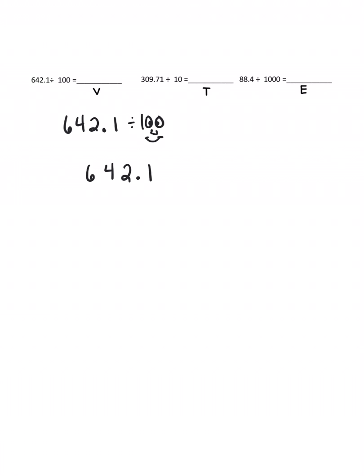Since I'm dividing, my number is going to get smaller, so I need to move my decimal point to the left. So when I rewrite my number and then move my decimal point 2 spots, I end up with 6 and 421 thousandths. Okay, so now you need to go back to the grid and add that for the letter V.